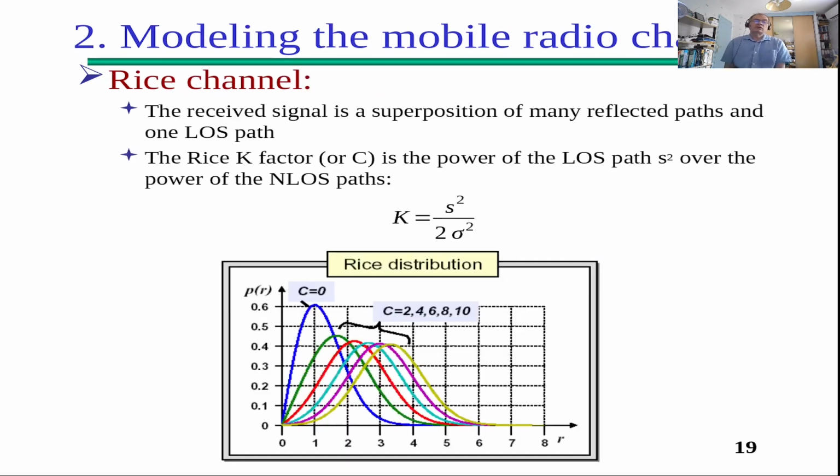If you take into account now a line of sight path, it becomes a Rice channel. This line of sight path can have different power values, and in fact to define that we use the Rice K or C factor, which is simply the power of the line of sight path, which is S squared, over the power of the non line of sight path.